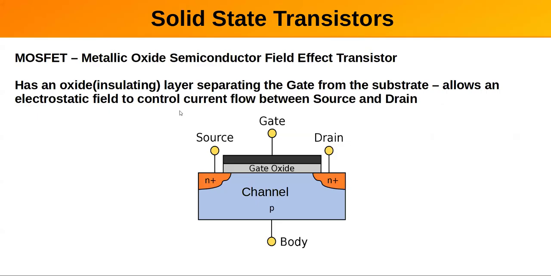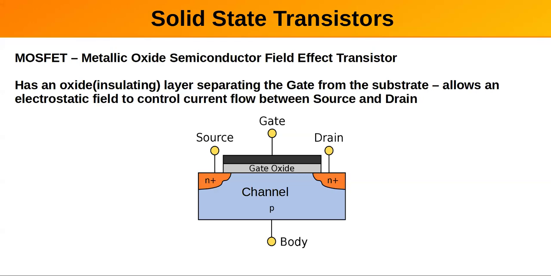Okay, a MOSFET, we separate the gate with this oxide layer, but you still have a field between the gate and the body of it. And that kind of bluish part is called the channel.